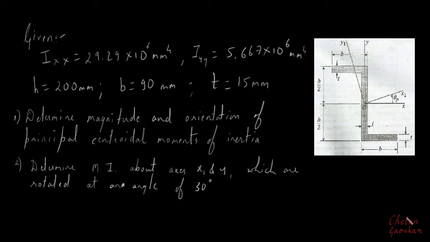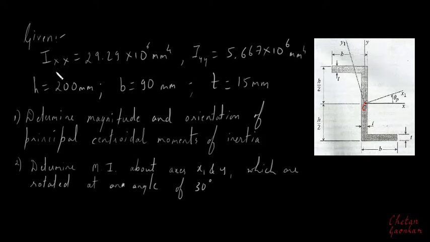Let us solve one problem to understand all the expressions of the rotation axis and the principal axis which we had derived last time. Here we have a Z section, and this is the centroid of it, C. We have a reference x and y axis passing through this centroid, and they have already given us the moment of inertia about this x axis and y axis.